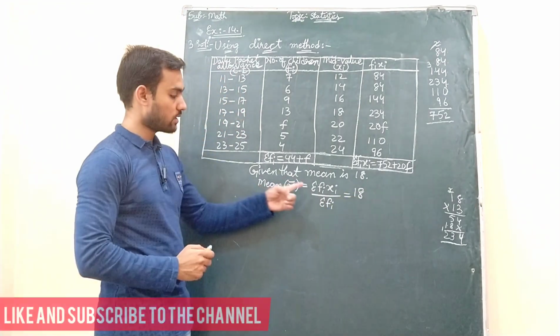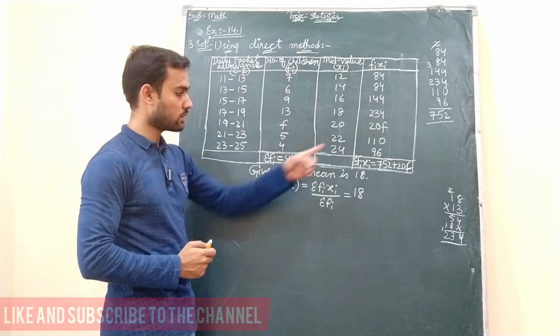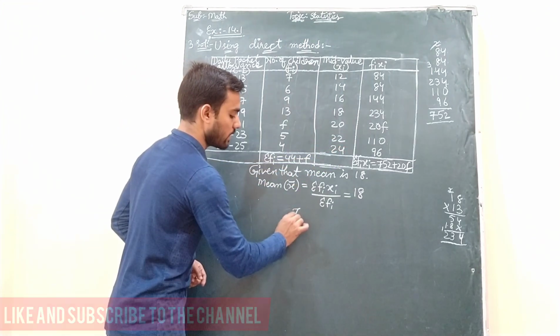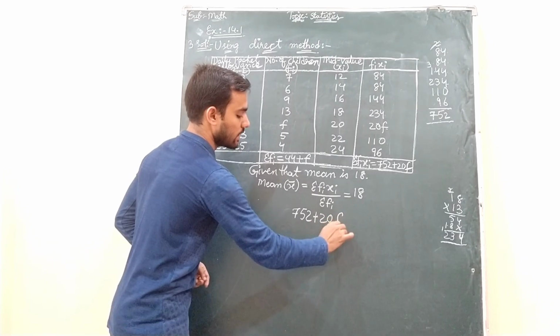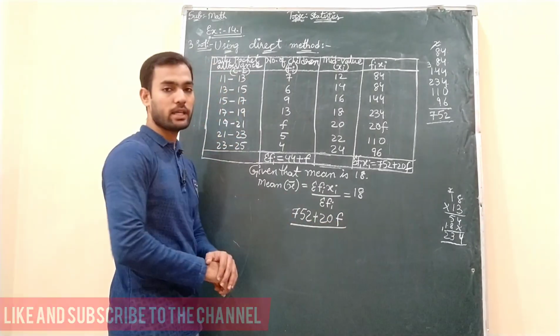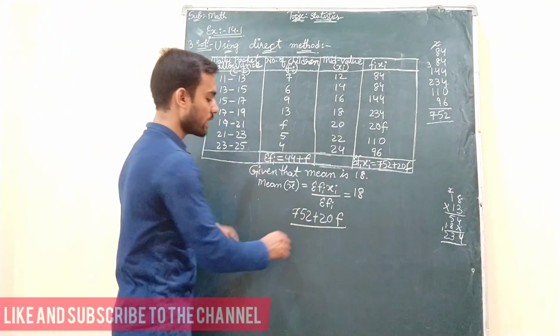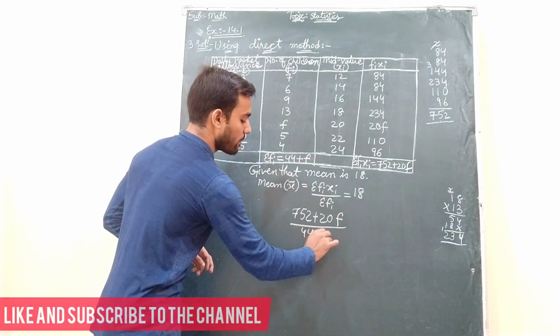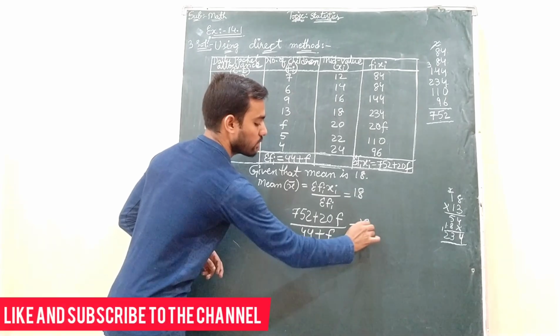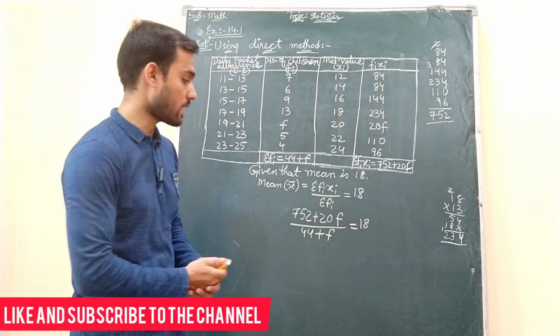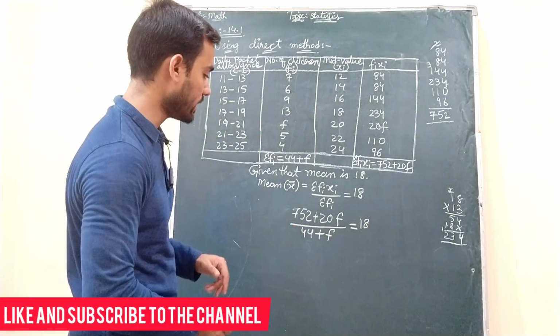Okay students, sigma fi xi, the total we got as 752 plus 20f, divided by sigma fi, the total we got as 44 plus f, is equal to 18. As the answer is already given, 18 goes hand in hand.